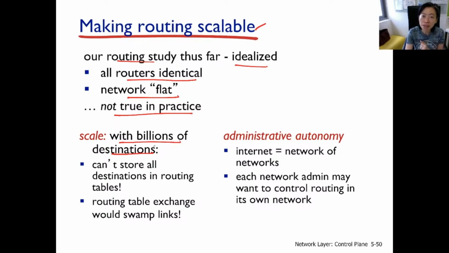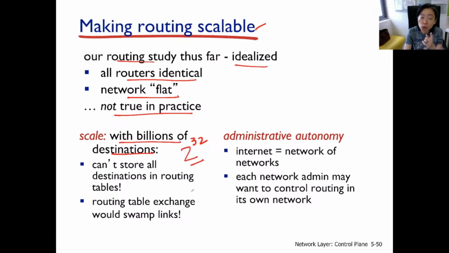How many possible destinations might we have on the internet if the internet is completely flat? If we draw the graph of the internet, there's going to be this many destinations. Therefore, in each of these distance vector routers, in order to store the shortest distance to each of these destinations, and the predecessor to each of these destinations, how much memory is required?